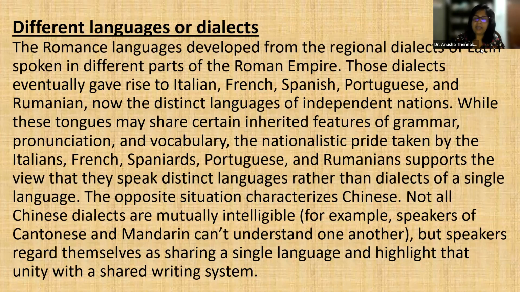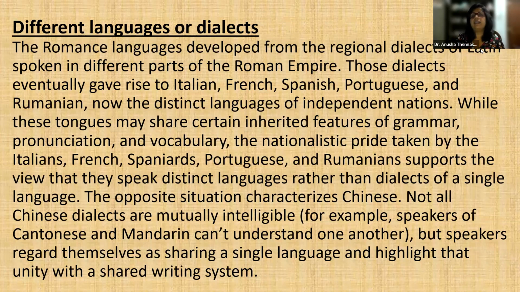Actually, there are some similarities between the languages in these countries: Italy, France, Spain, Portugal, Romania. But because of national pride, Italians have the pride, we are Italians. French people have the pride, we are French, like that.